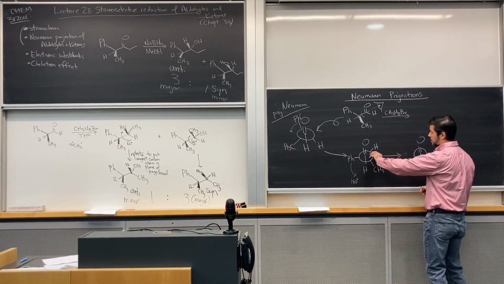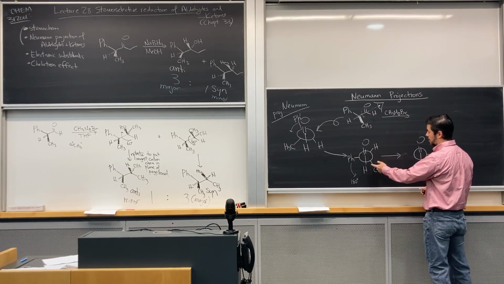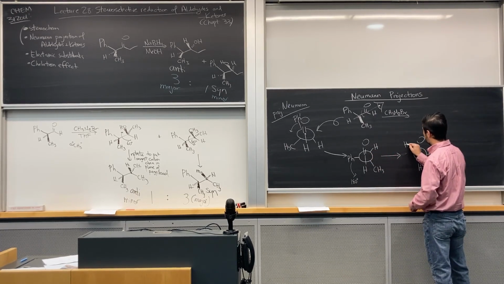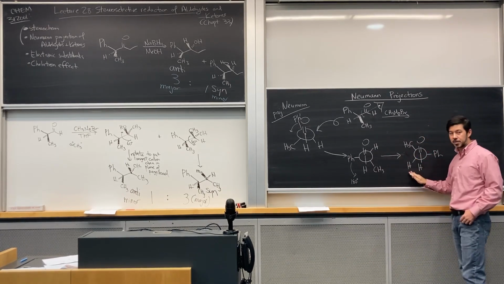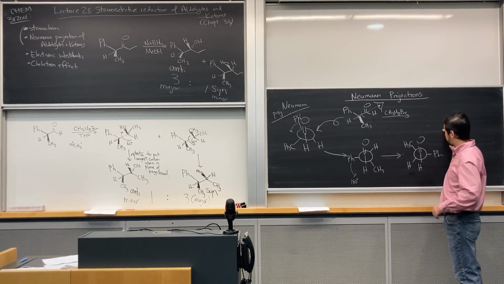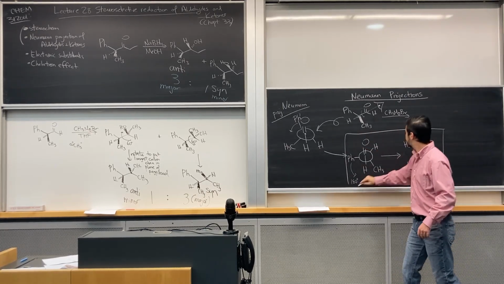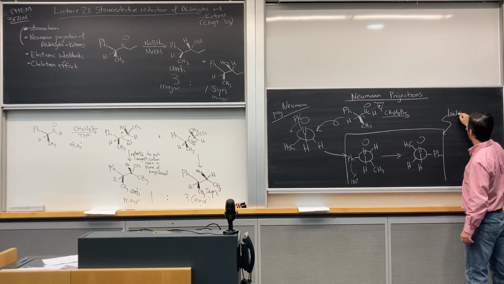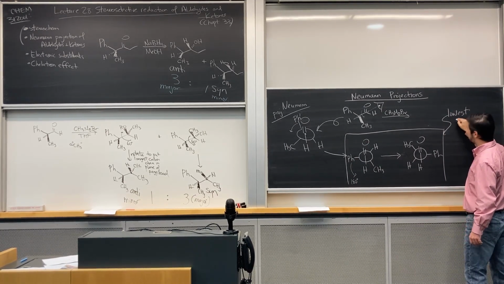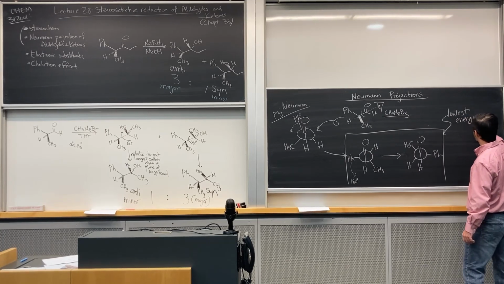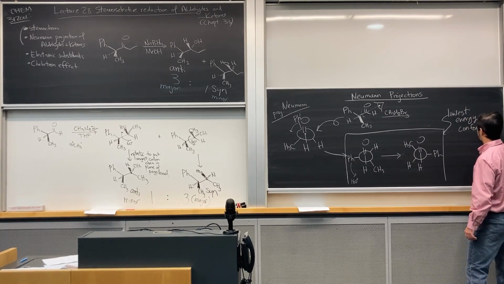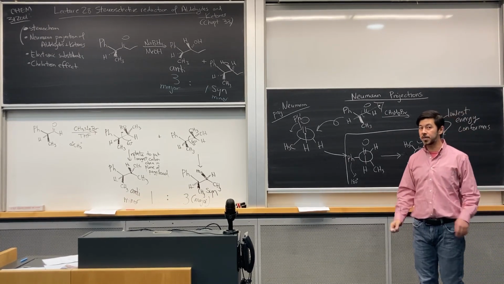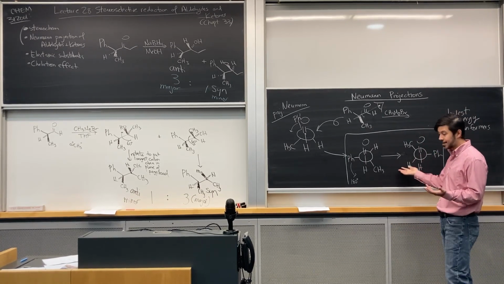If you do that, you can see that you're going to have a methyl group here, and then a hydrogen down there. Okay, so these two represent the lowest energy, most stable conformers, and these are the dominant ones that will exist in solution.